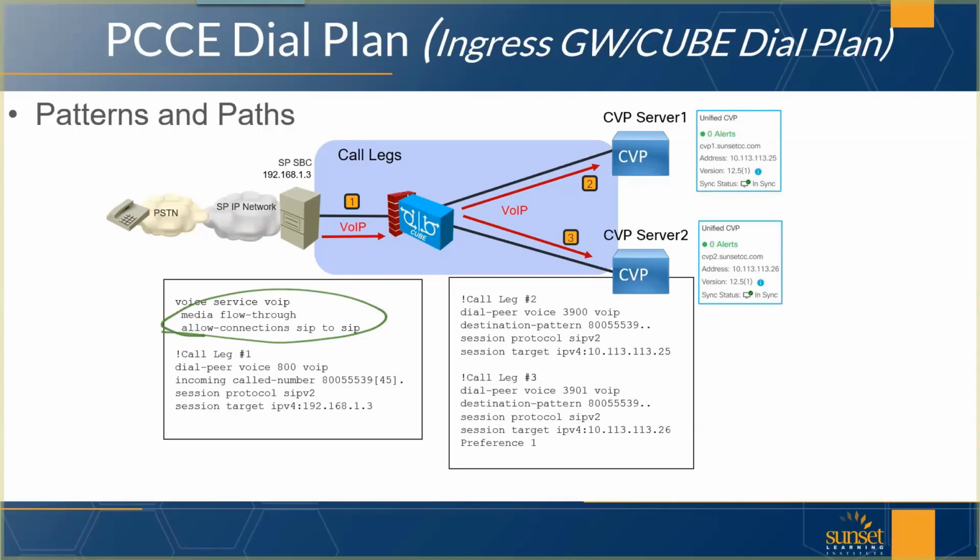The session protocol is SIP v2, and the session target is 152.168.1.3, which is defining the output port on that gateway. Call legs 2 and 3 are defining the destination target for each of those call legs, as well as the session protocol, again, SIP v2.